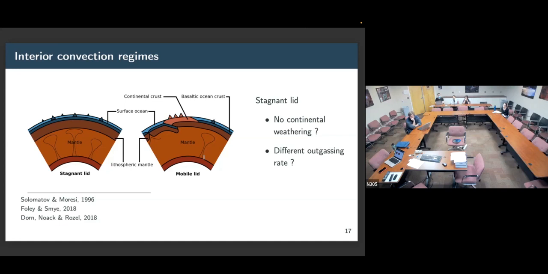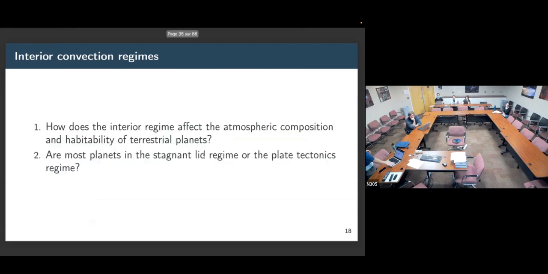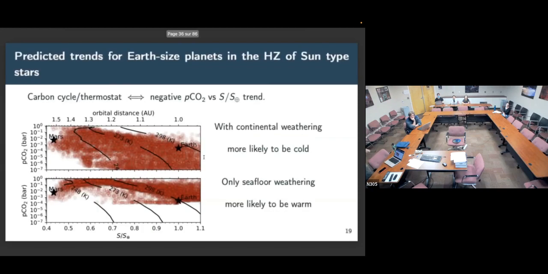Another legitimate question would be, are most terrestrial exoplanets like the Earth? Do they have plate tectonics and continents, or are they more like Venus and Mars, not having continents? Is that something that we can try to infer from atmospheric composition? So yes, we've run simulations under both those assumptions.